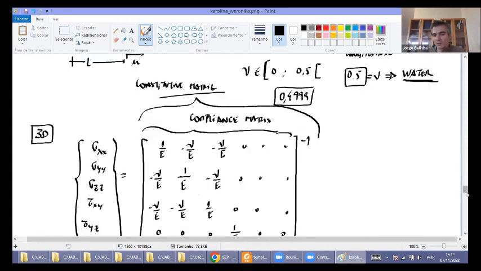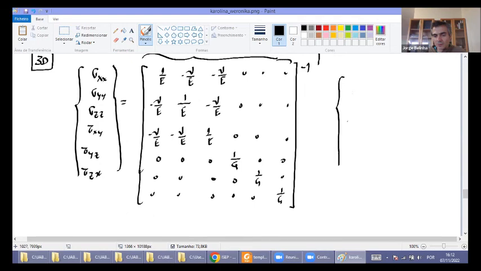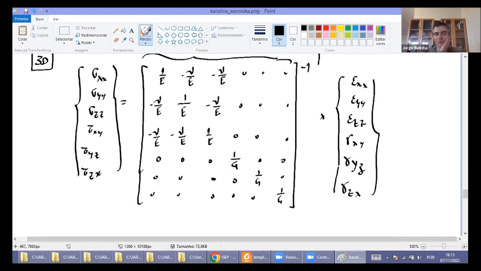If you multiply this constitutive matrix by the strain, you get the stress. And this is like this. Here does not have the 1/2, okay? It's like this. If you multiply this by that, you have the stresses, okay?